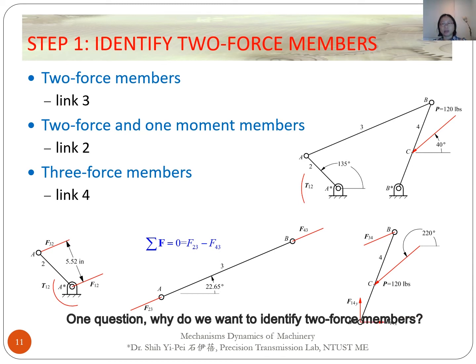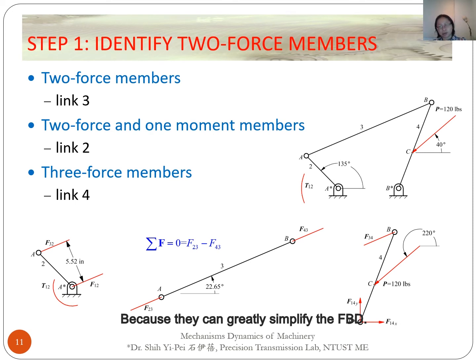One question: why do we want to identify two force members? Because they can greatly simplify the free body diagram. You can see here, I have broken these two force members out and drawn the reaction forces.